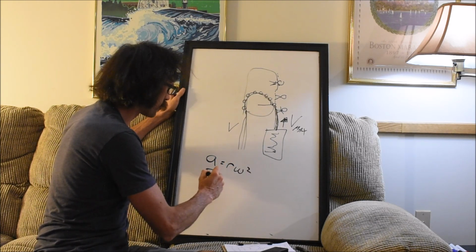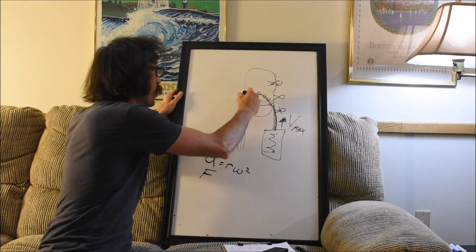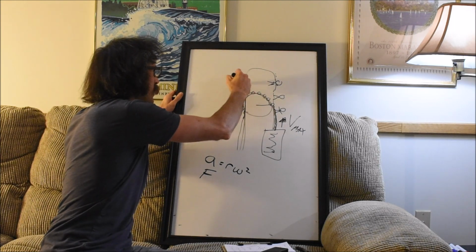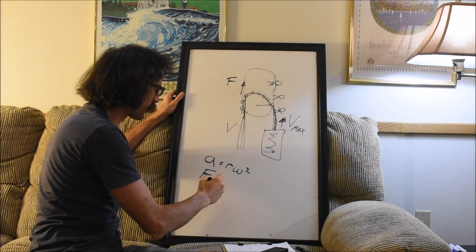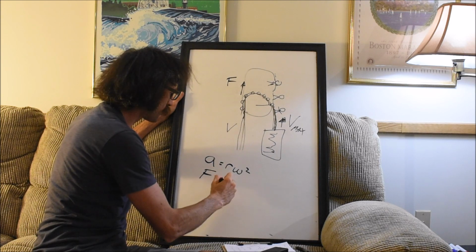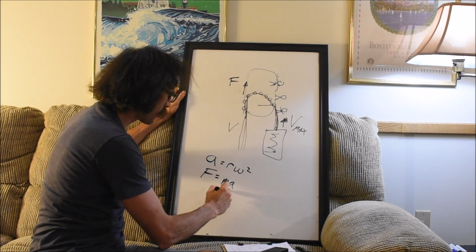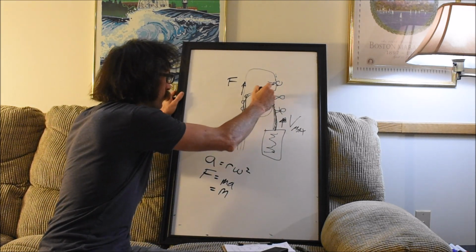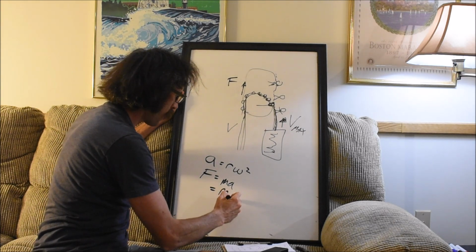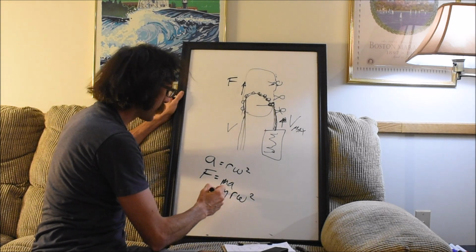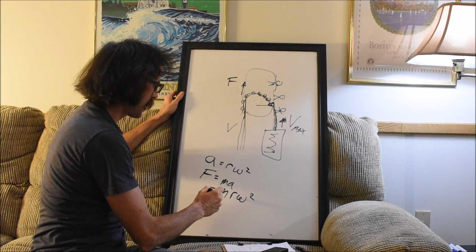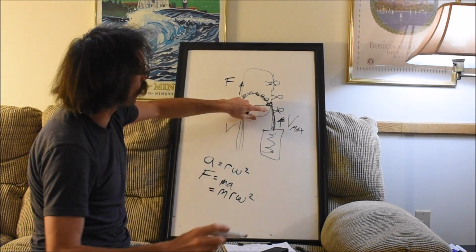So your force, we want to know a lifting force. That's what we're trying to get. We're trying to get a force that lifts this chain up. Well, force is mass times acceleration. So you have the mass of these little balls, r omega squared, and these balls do want to fly off.